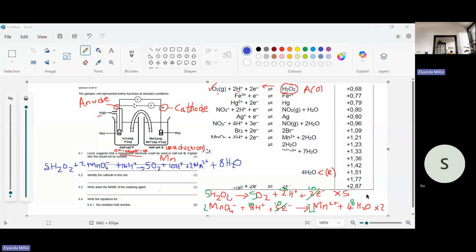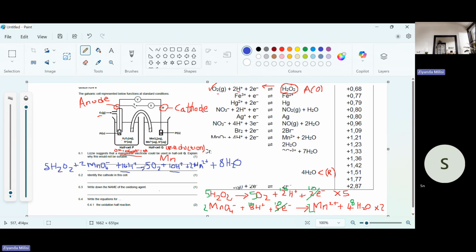So if you notice, H plus is appearing on both sides. So let's do maths now. There are 10 H's here, you can see that. Here they are 16. So let's transpose this one.